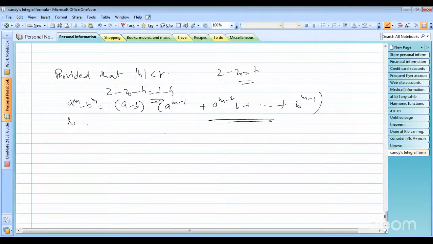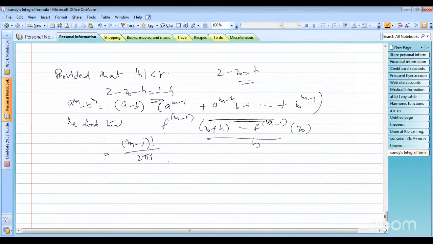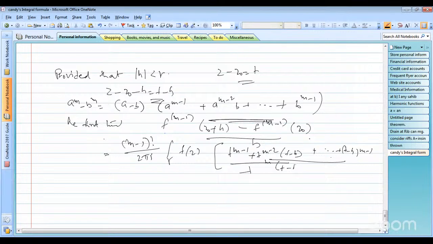So we find the fundamental formula: [f^(m-1)(z0+h) minus f^(m-1)(z0)]/h equals (m-1)!/(2πi) times the integral over gamma of f(z) times [t^(m-1) plus t^(m-2)(t-h) plus t^(m-3)(t-h)^2 plus t^(m-4)(t-h)^3 and so on, plus (t-h)^(m-1)] divided by t^m (t-h)^m, dt.